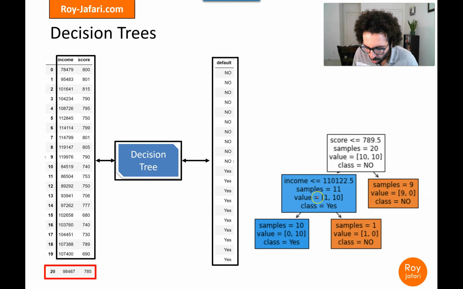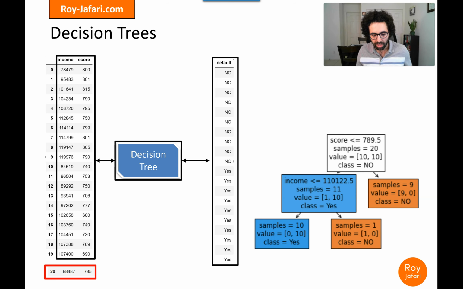But if the score is larger than that number and the income is smaller than this value, which is 110,000, then we also say no. But if the score is above some number and the income is also above some number, which we have 10 cases of, then it's a yes. That's how a decision tree works.